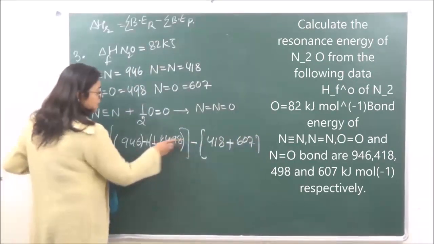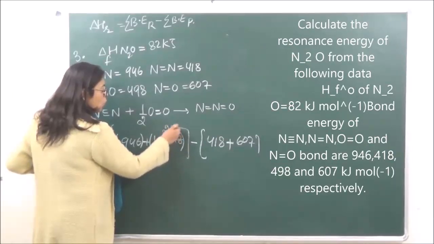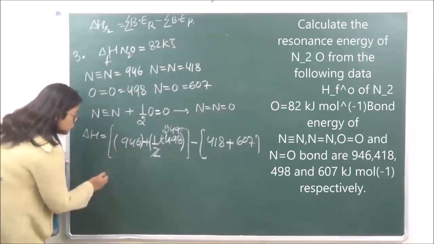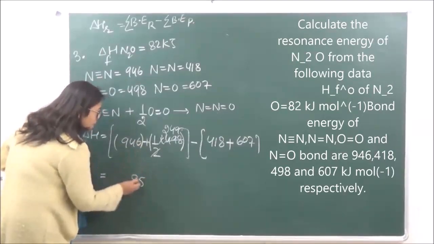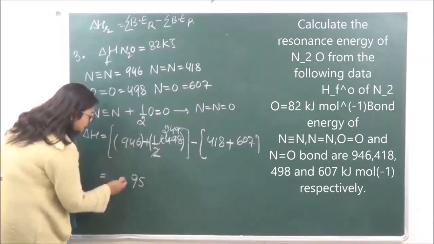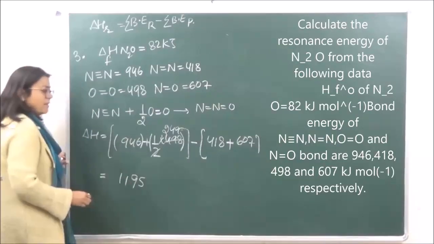So let's calculate over here. First let's cancel this. This will be 249. So 946 plus 249, 9 and 6 that is 15 and 11, 1195.